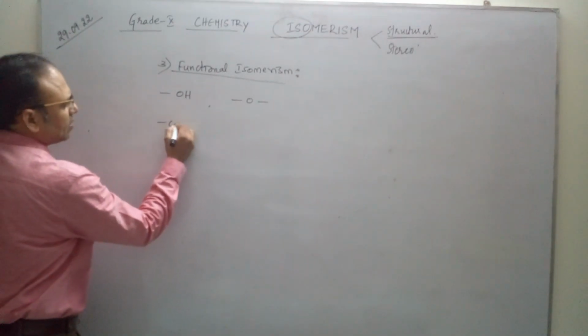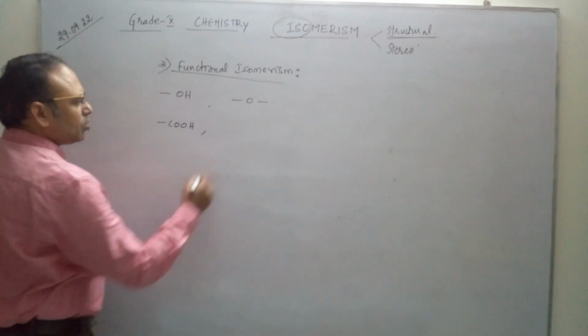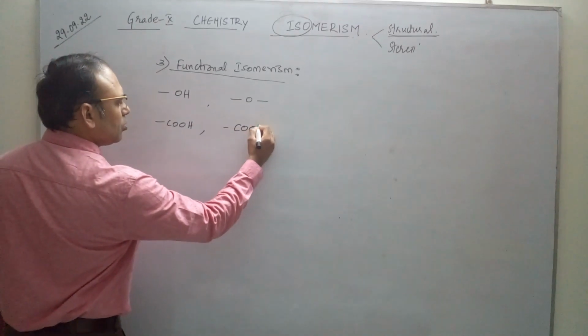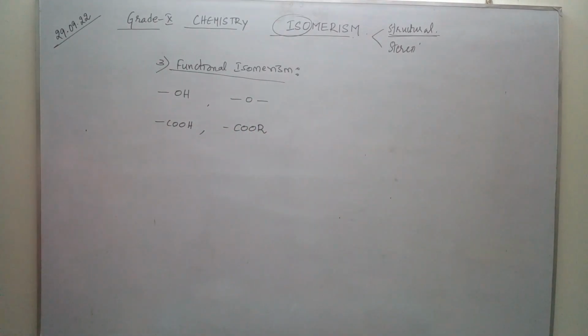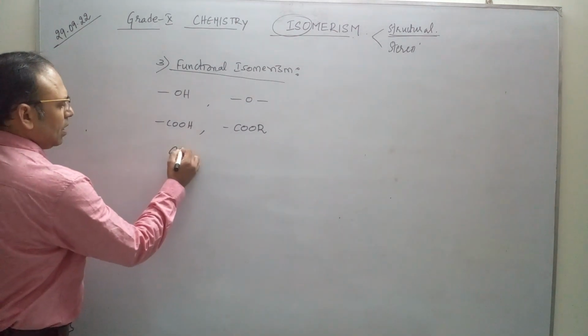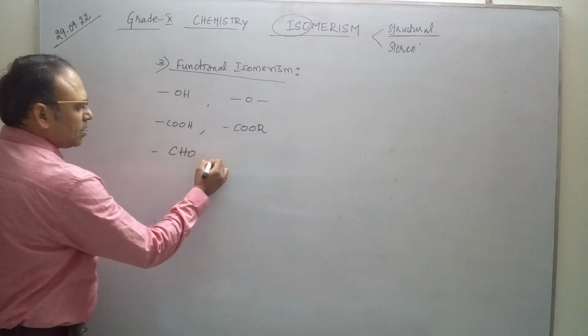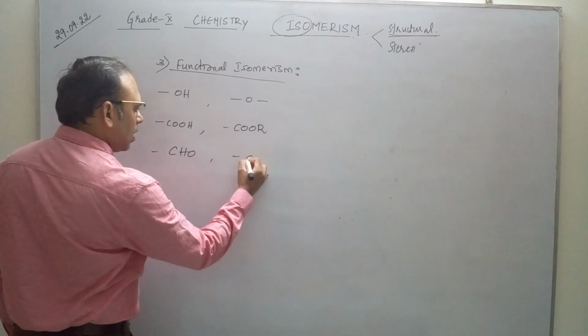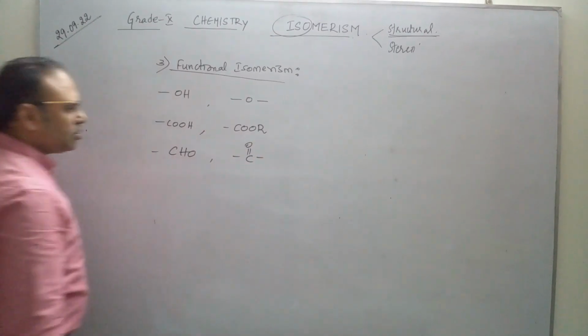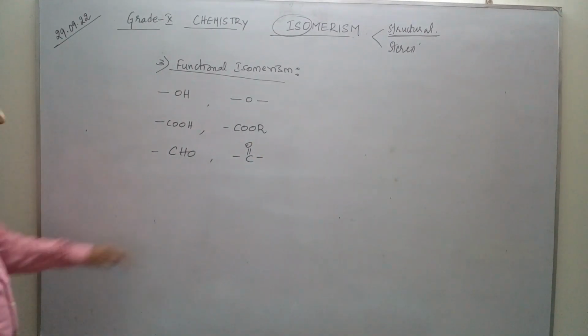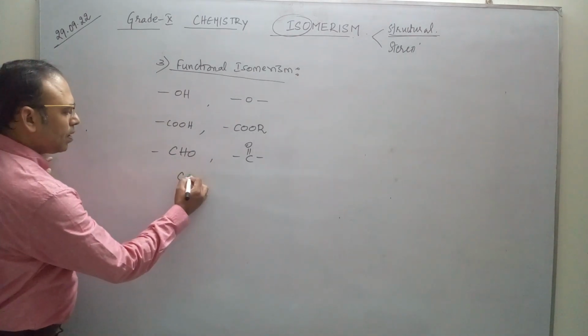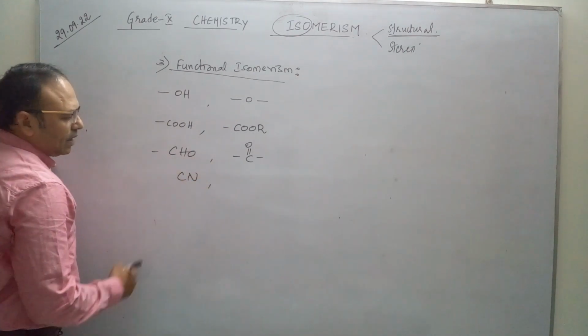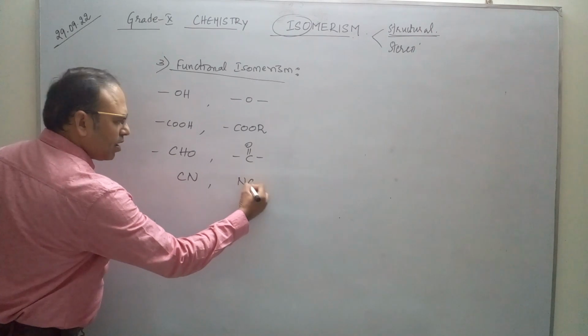If carboxylic acid is in one compound, the other compound should have ester as the functional isomer. If aldehyde is the functional group, the other compound should have ketone to be the functional isomer. If cyanide is present in the first compound, you should have isocyanide.